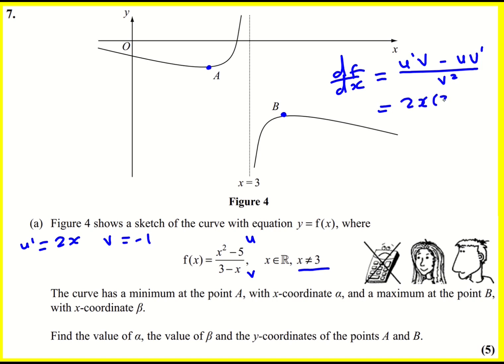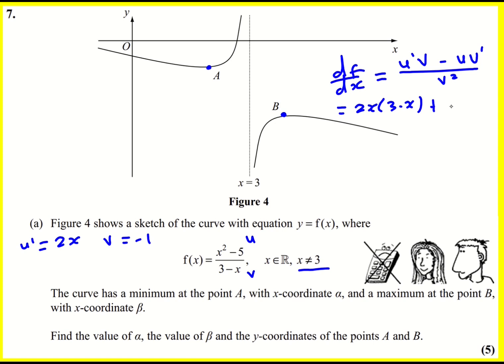2x times (3 minus x). Sorry, I've just realized I need a bit more space. Minus u, which is x squared minus 5, times minus 1.